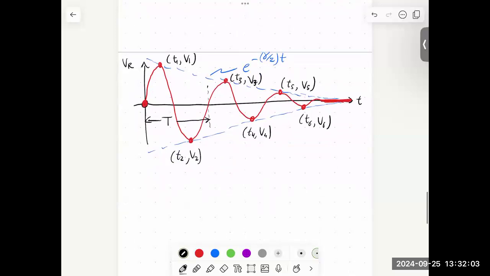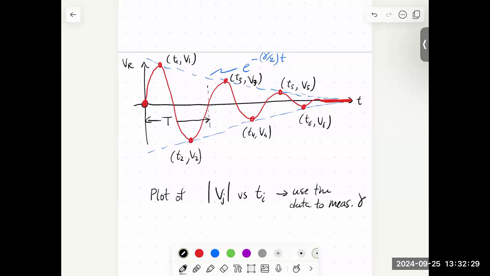What you're going to do is make a plot of the absolute value of the voltages, say v_j, versus t_j. And we're going to use the data to measure gamma.